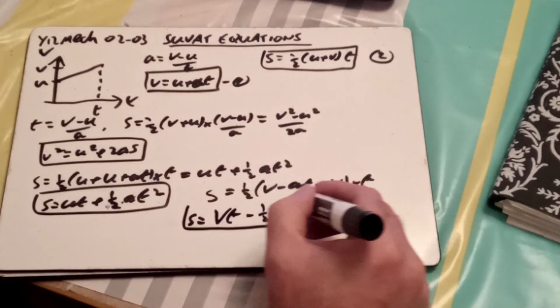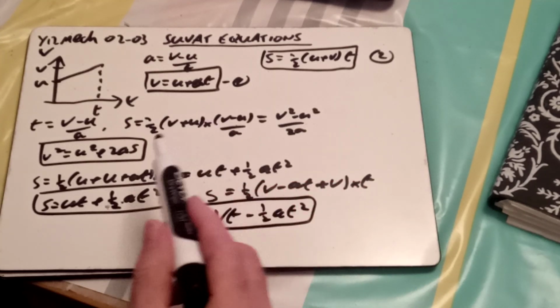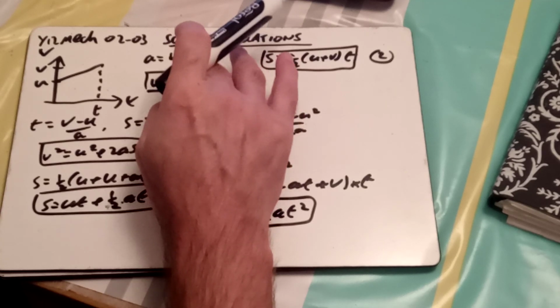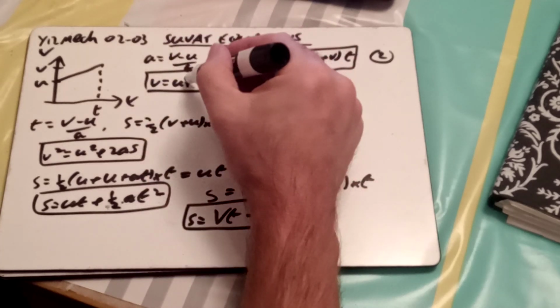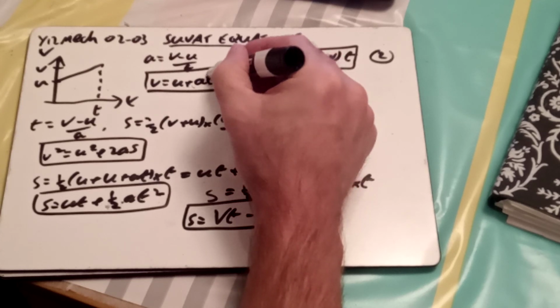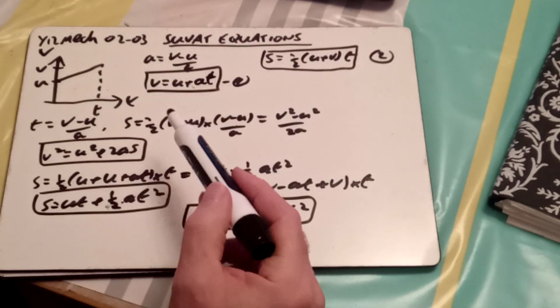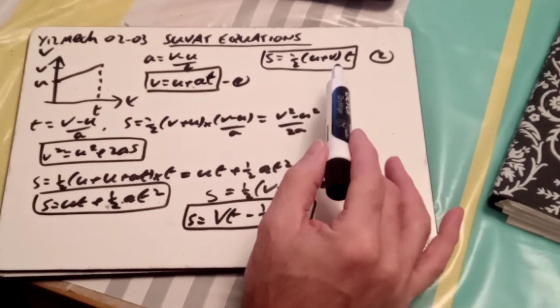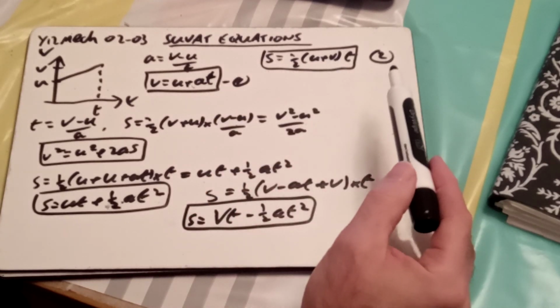This is probably the one you're going to see the least of, but everything stems from the first few there. So v equals u plus at, the one without s. s is a half u plus v times t, the one without a, and so on.